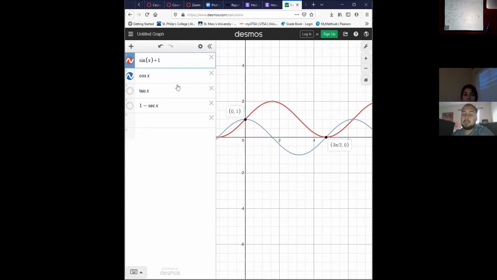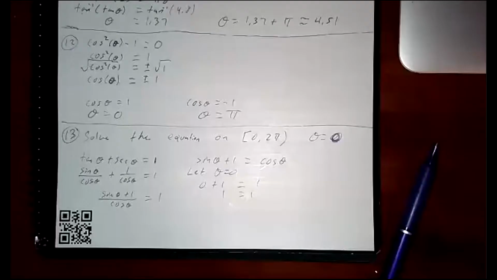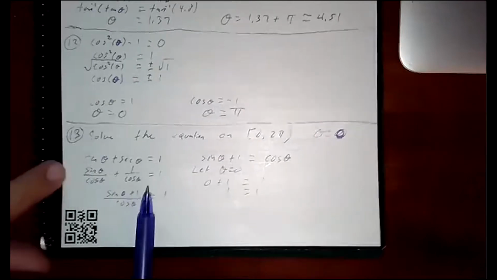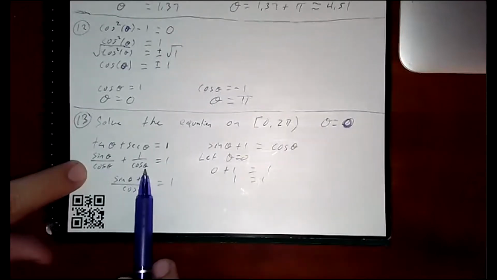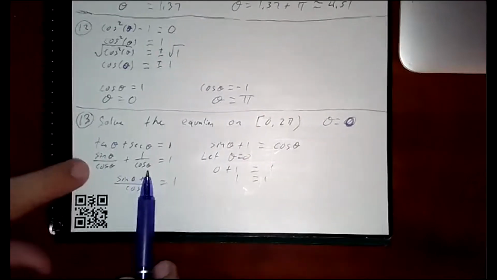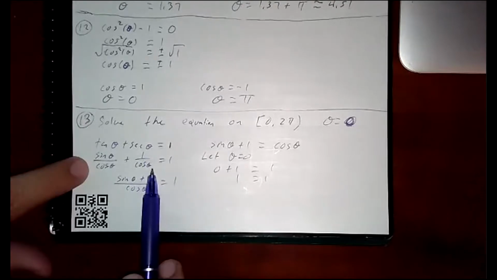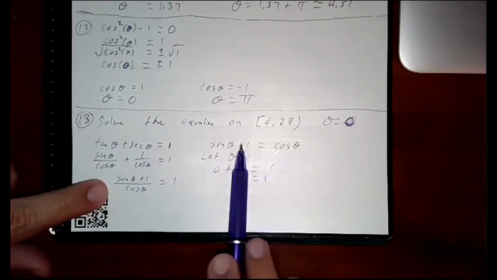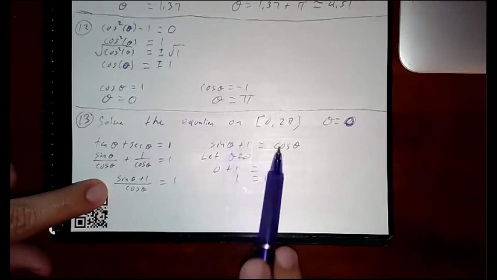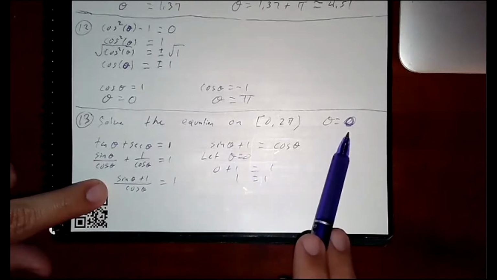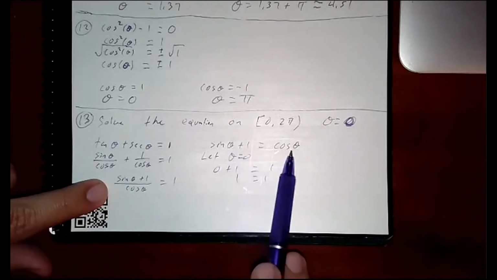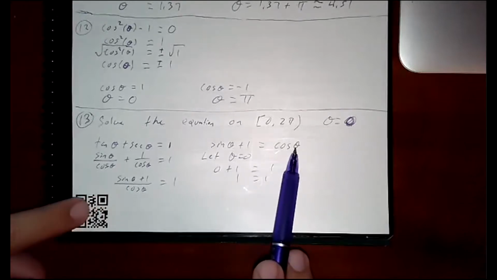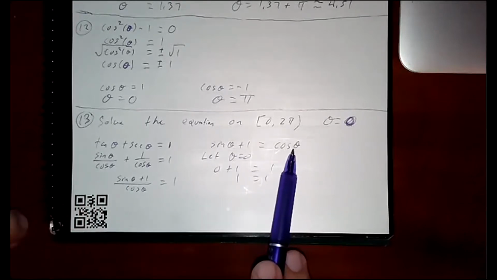The issue is, if you look back to the original question, why it has to be only 0 is because if I choose 3 pi over 2, I will get division by 0 on the original question. I manipulated it to turn into this, thinking this would be easier to solve, and it was, but this gave me the illusion that 3 pi over 2 is okay, but it's not.